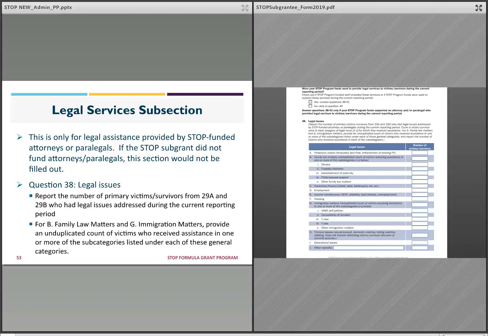For section B, family law matters, and G, immigration matters, provide an unduplicated count of victims who received assistance in one or more of the subcategories listed under each of these general categories.